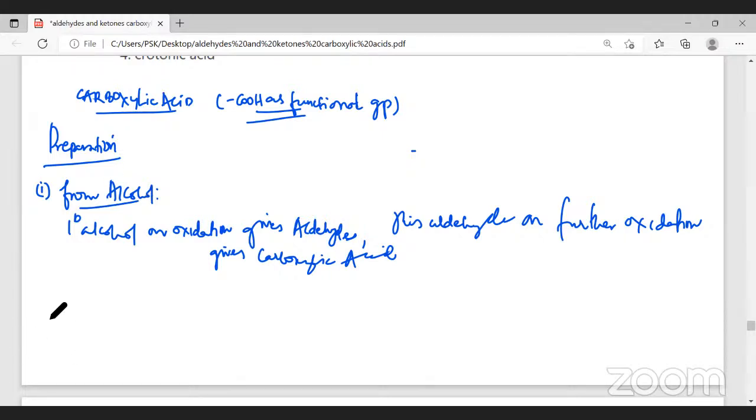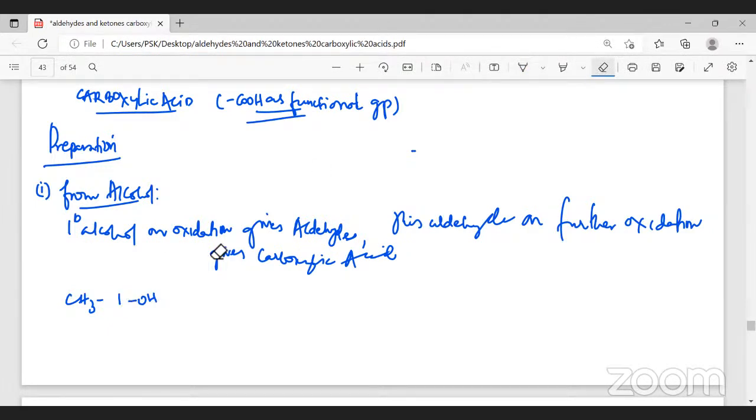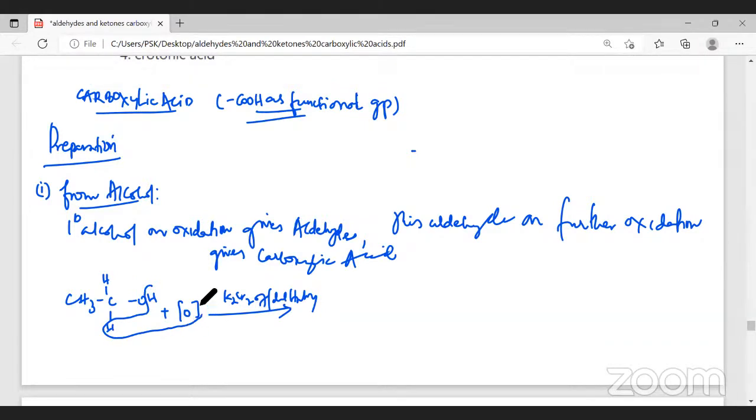For an example, we'll take the primary alcohol ethanol, CH3CH2OH. Or in order to explain, we will write it like this, CH3, CH, and H. This is ethanol. When this is oxidized using a strong oxidizing agent like acidified potassium dichromate, this H and this H and this O get eliminated as water.